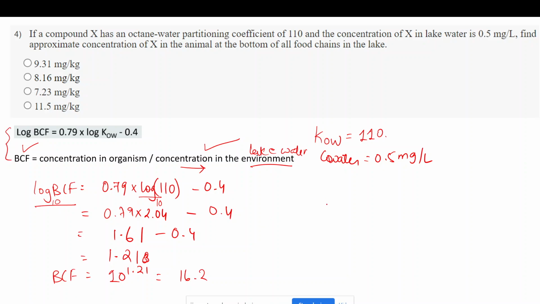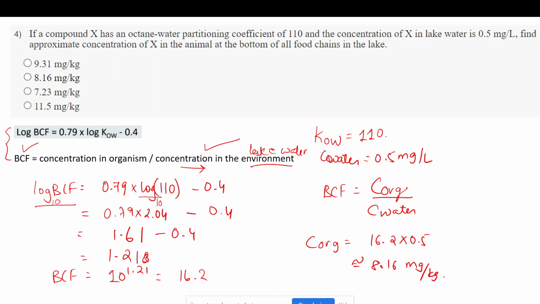You simply need to put in the values: C in organism divided by C in water. C in organism will be 16.2 into 0.5, which will approximately come out to be 8.16 milligram per kg.